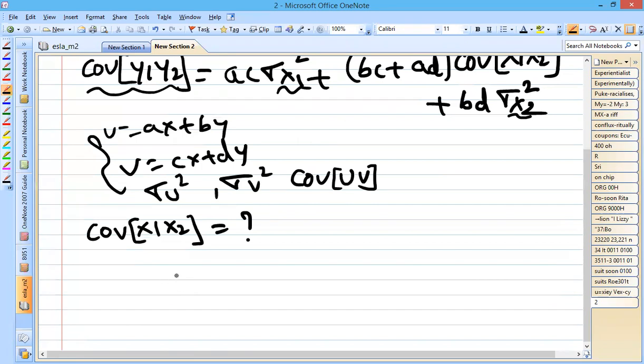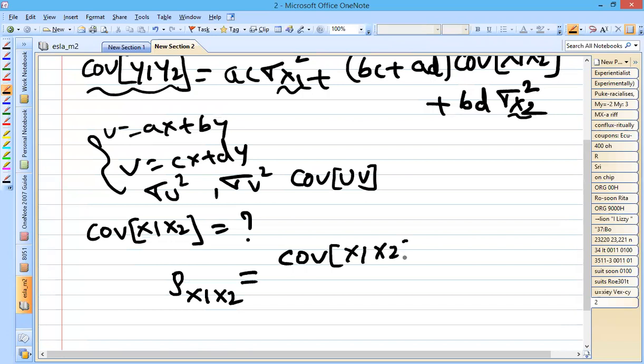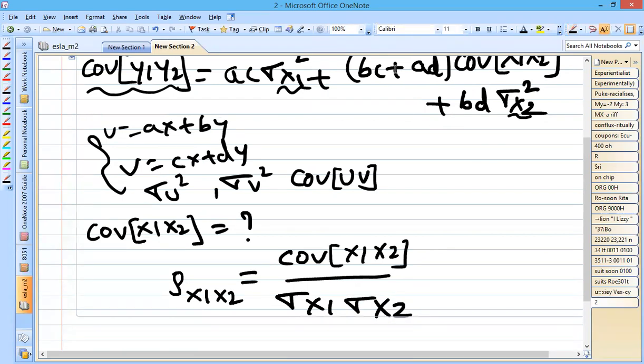As we know, the correlation coefficient rho x1, x2 is defined as covariance between the variables divided by its standard deviations sigma x1, sigma x2. Remember the equation: correlation coefficient rho xy is equal to covariance of xy divided by sigma x into sigma y. This derivation we have seen earlier.